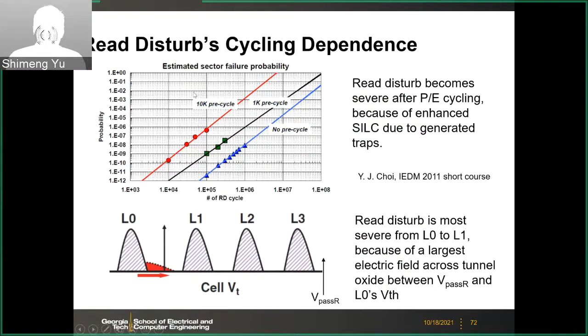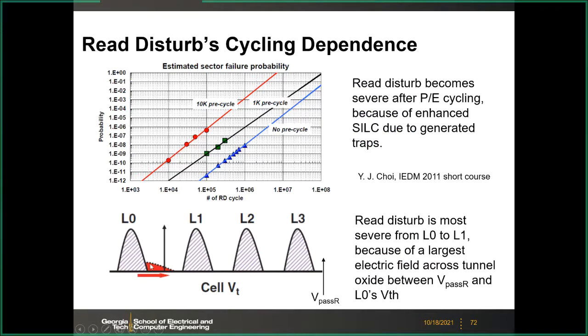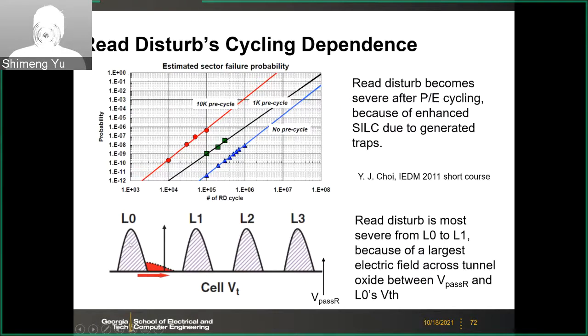As a result, the threshold voltage may increase, especially for the erased state. Because in the erased state, your V pass read voltage is higher than any threshold voltage of all the multi-level cells.